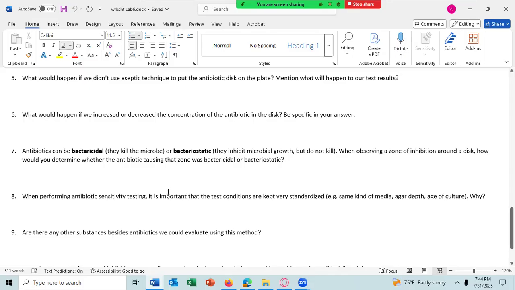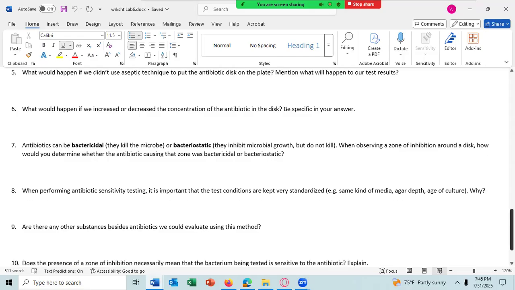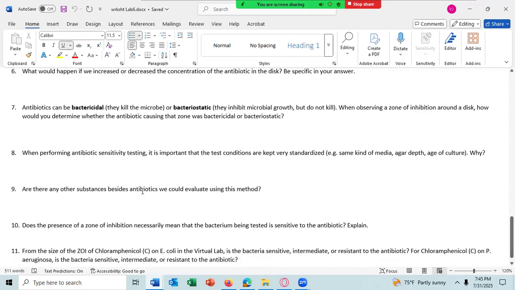8, when performing antibiotic sensitivity testing, it's important that the test conditions are kept very standardized. We have the same type of media, Mueller-Hinton, always the same agar depth, always the same age of culture. Why? Explain your answer. 9, are there other substances besides antibiotics we could evaluate using this method?